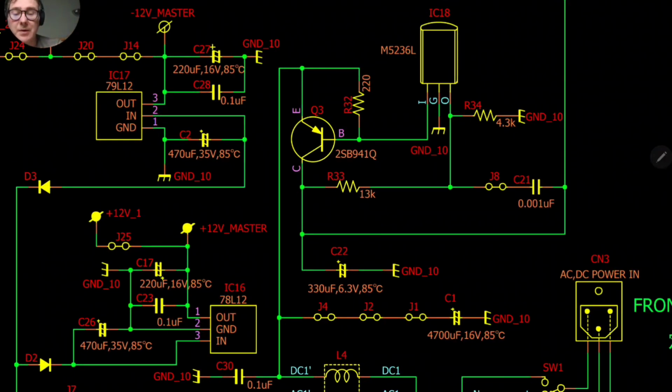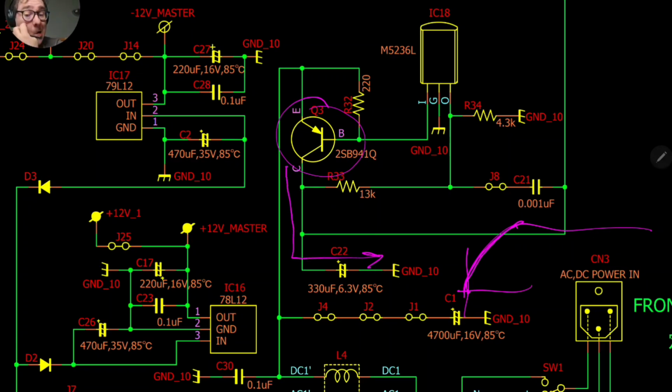Okay, this will work, but we have a little problem: when this starts, this capacitor is not charged, so it will charge quickly, like this. Then it will remain charged. This is a lot of current, and this driver is able to drive a lot of current like this to here.